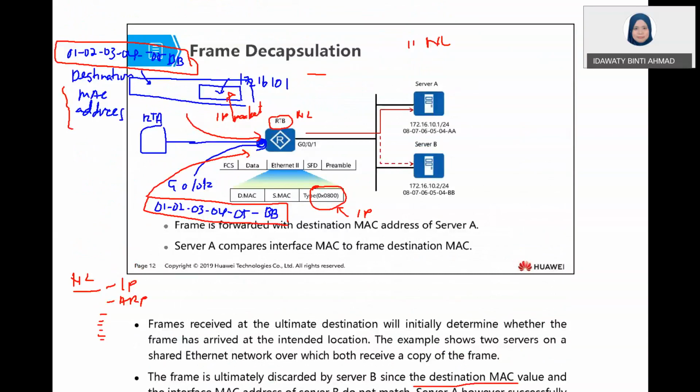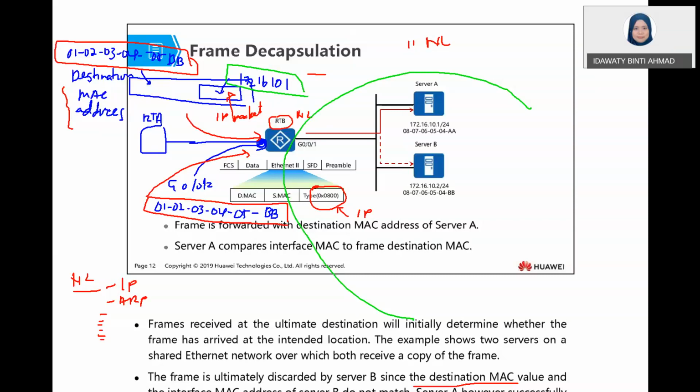Again, they will check the decapsulated packet. You will look into the destination of this 172. Now here, as you can see, RTB is a gateway to this network. Look carefully here.